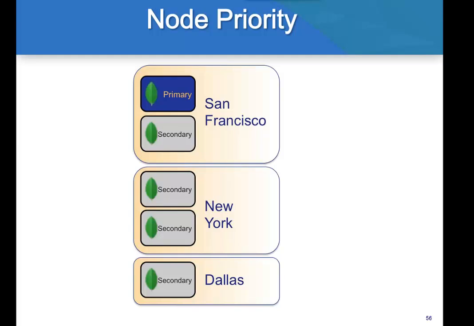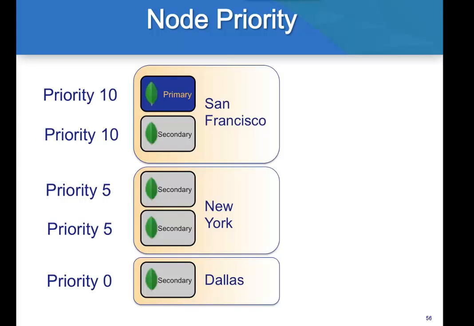Now, let's say that, similar to the previous slide, you really would like to have your primary be in the San Francisco data center, if at all possible. You can do this by setting priorities. Not only can you set priority 0 on the Dallas data center, which says that node will never become primary, but you can also set relative priorities on the remaining nodes. The relative priorities are just that, they're relative.